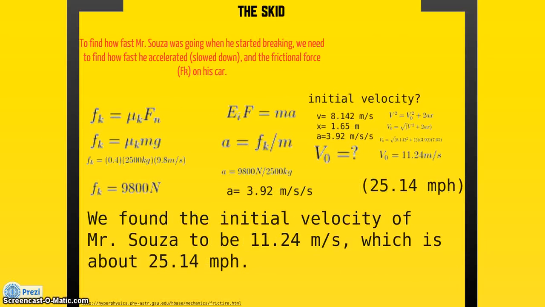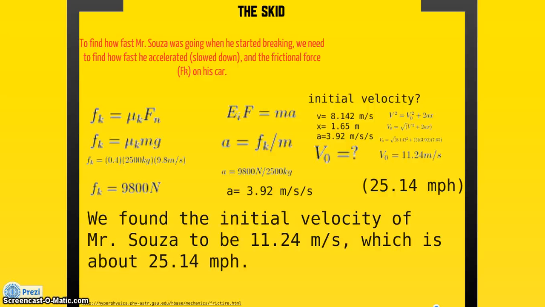So the next part is to find, during the skid, the frictional force and also the acceleration. So first, to find the frictional force, we use the equation mu k Fn, and in this case, Fn is equal to mg because the sum of forces in the vertical direction is equal to 0.